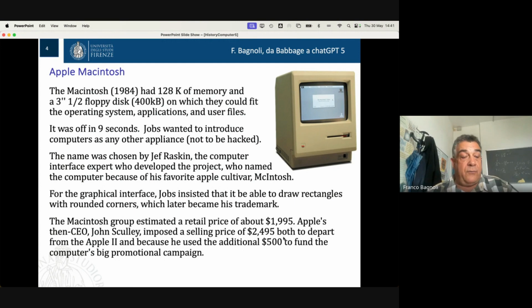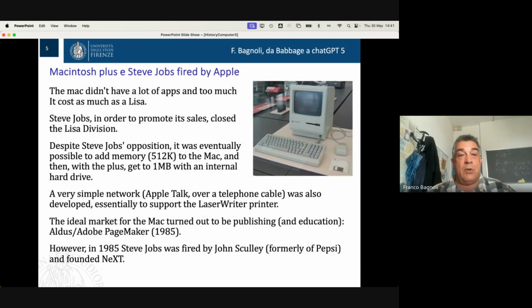It also followed the classical policy of Apple to surcharge the price, because it wanted to fund the advertising and promotional campaign, and also to have funds for developing new systems. So it was really an advancement in the field, but it was really expensive.